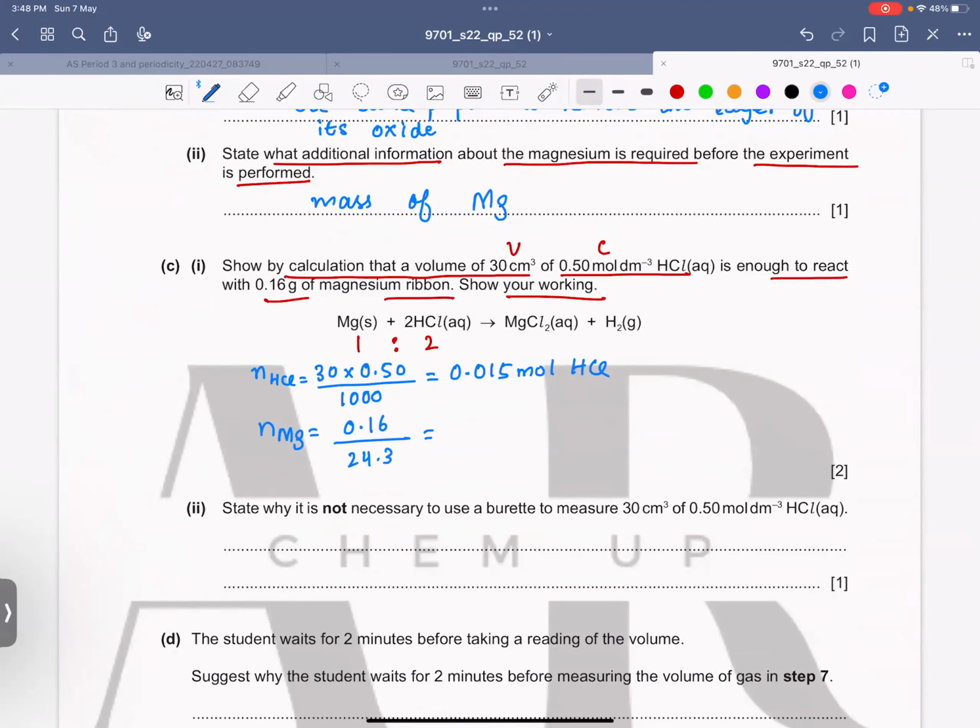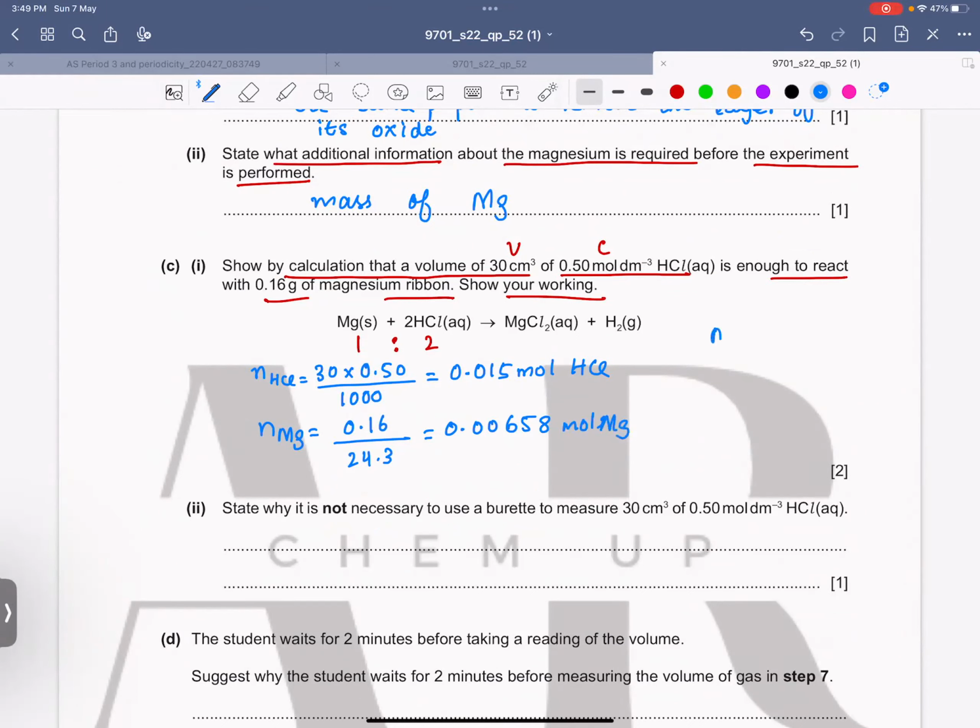Can anybody tell me the answer, please? 0.00658.